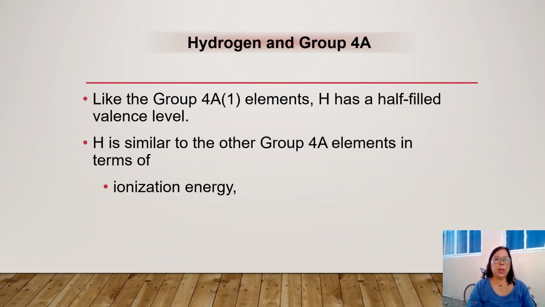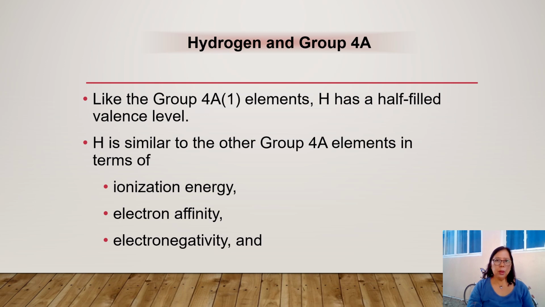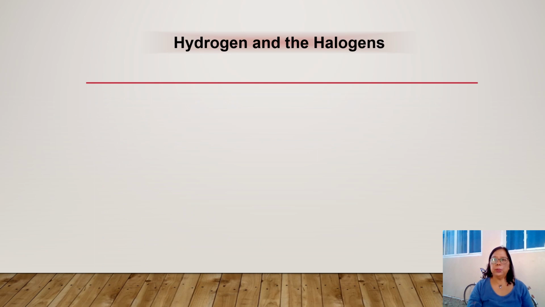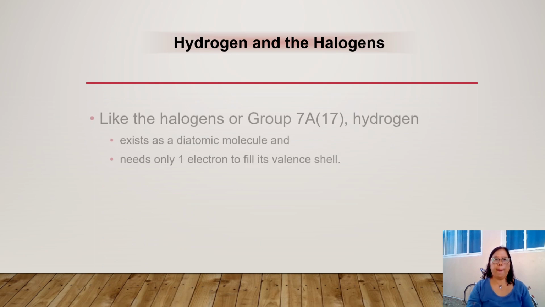Like group 4A, hydrogen has a half-filled valence shell. Hydrogen is similar to other group 4A elements in terms of ionization energy, electron affinity, electronegativity, and bond energy, as we have discussed just a few minutes ago.